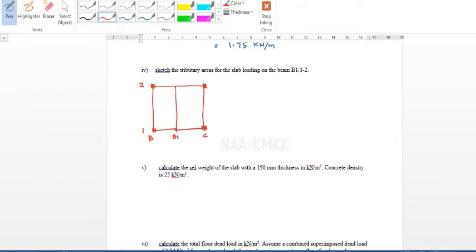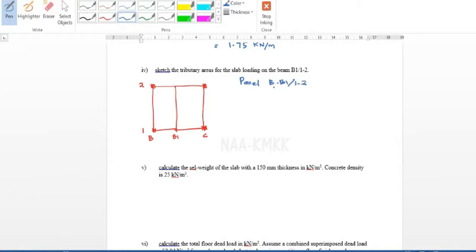It means how these two slab panels distribute their load to this beam B1/2. Before sketching, again, we have to identify whether the slab panel is one-way or two-way slab. Let's check the panel B, B1, 1, 2 first.